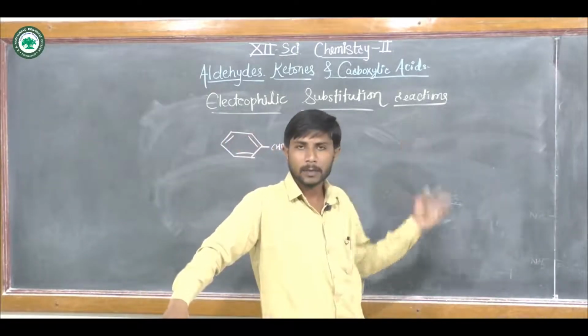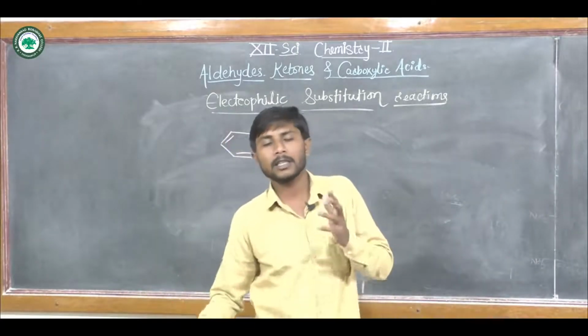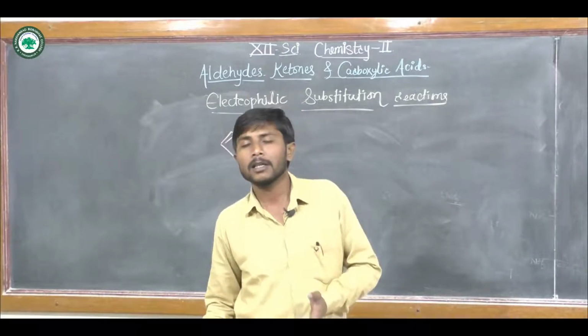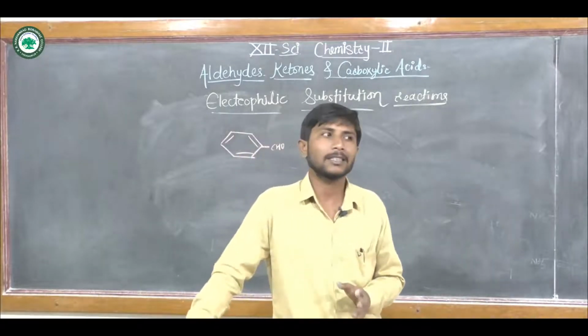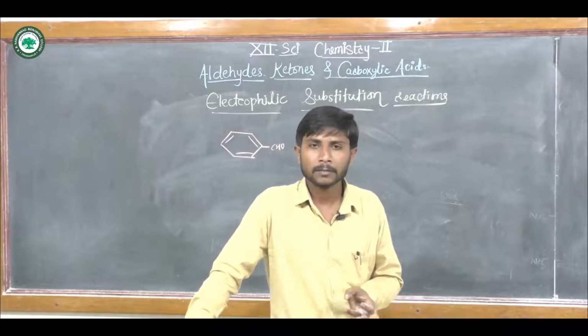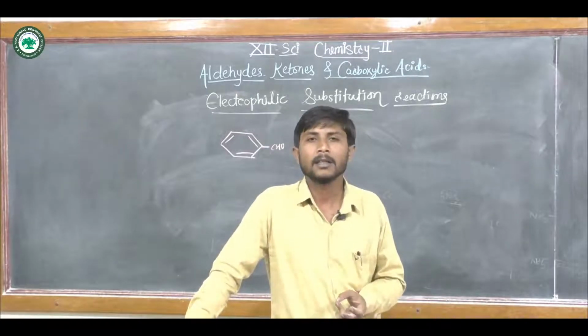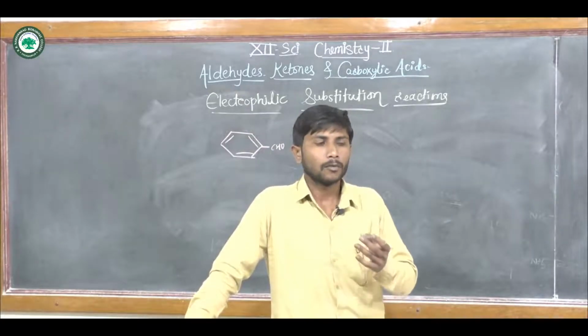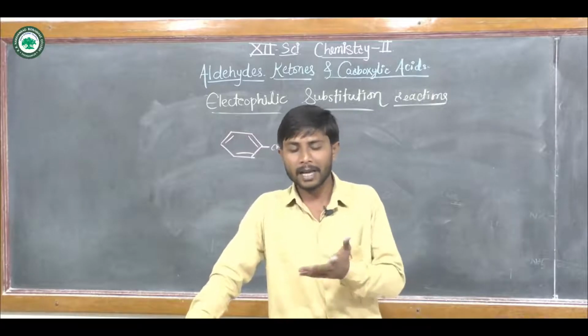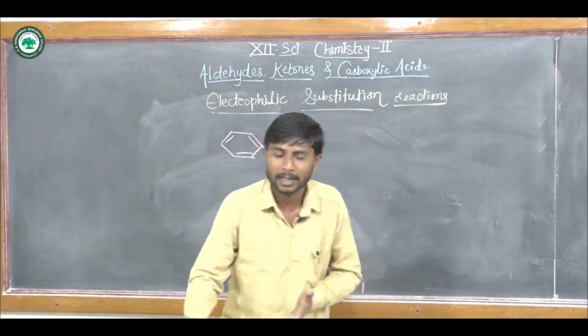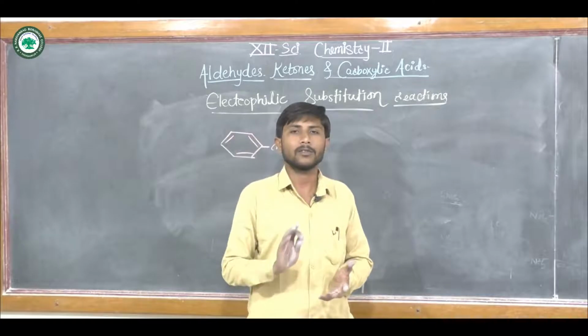In case of aromatic halogen derivatives, in that chapter also you have seen the different electrophilic substitution reactions, that is sulfonation, nitration, halogenation, Friedel-Crafts alkylation or Friedel-Crafts acylation. These are all electrophilic substitution reactions.